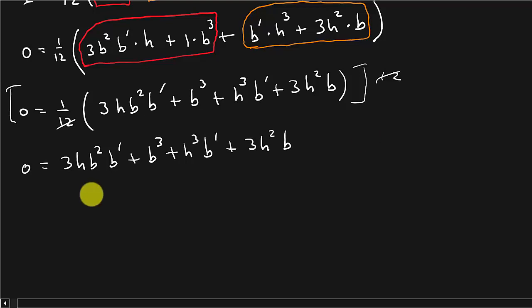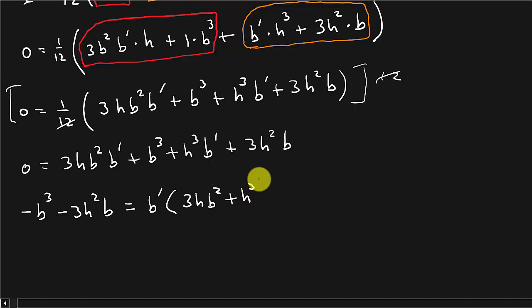All right, so let's solve for b prime. So this is going to give me negative b cubed minus 3h squared b equals, and now it's this plus this, but let's go ahead and factor out that b prime. So we're left with 3h b squared plus h cubed.